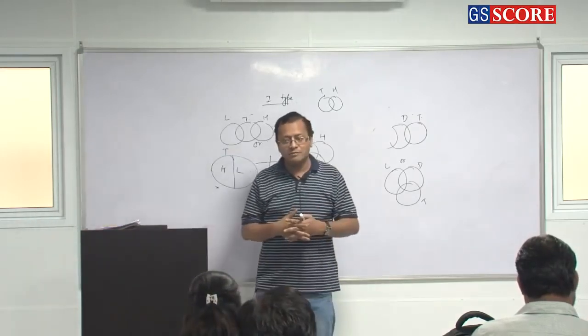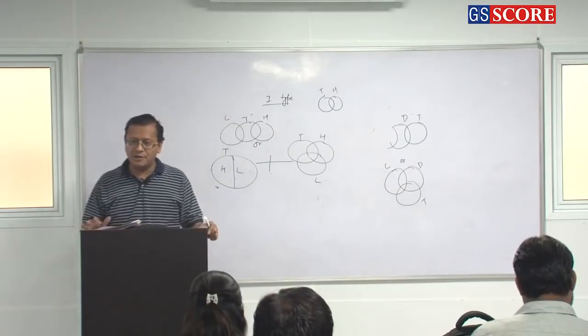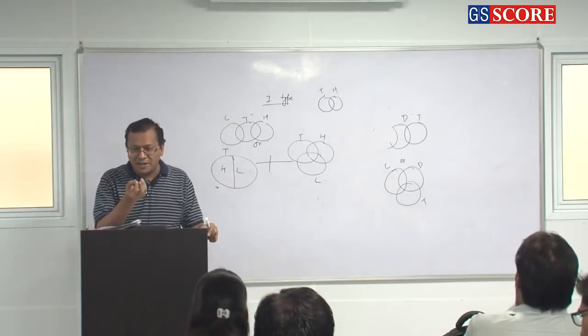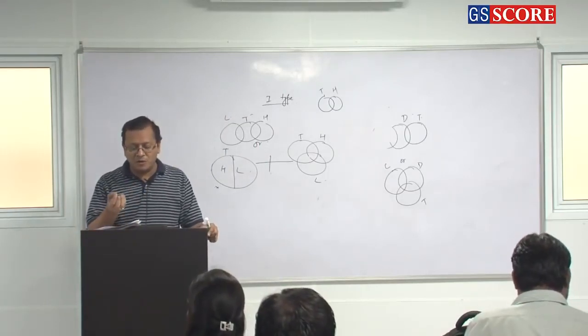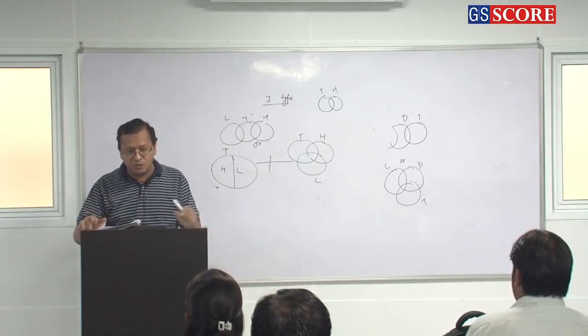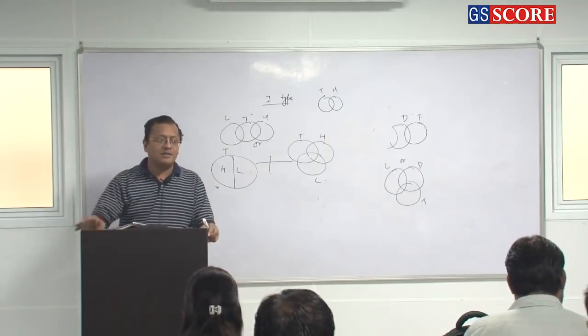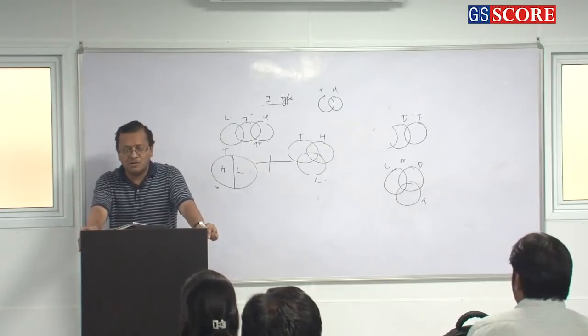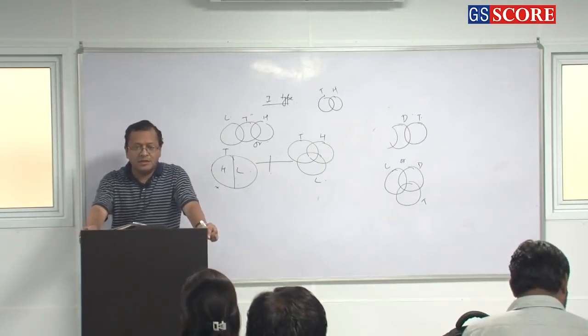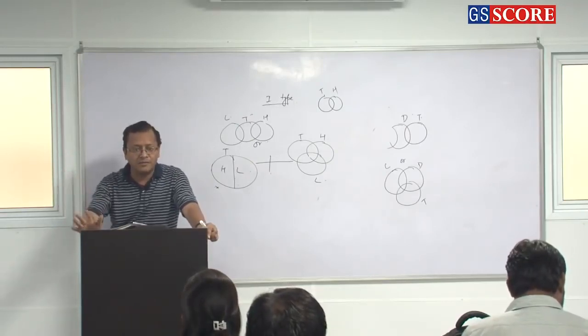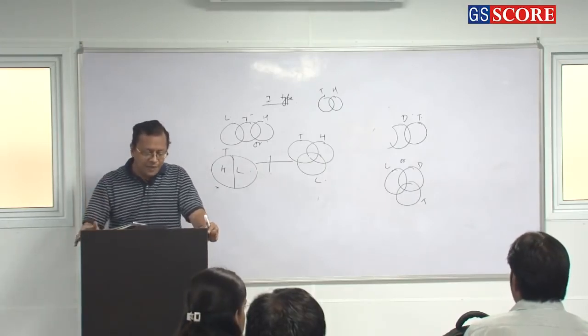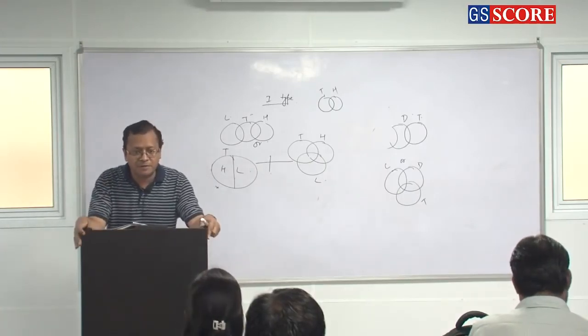Clear or not? Now since we have moved a little deep into syllogism, there is one more kind of syllogism which you should know. This kind of question did occur once or twice. If I say, if A happens, B will happen.